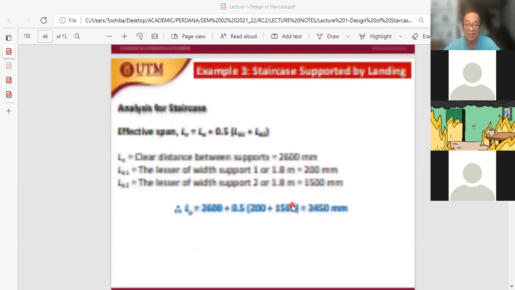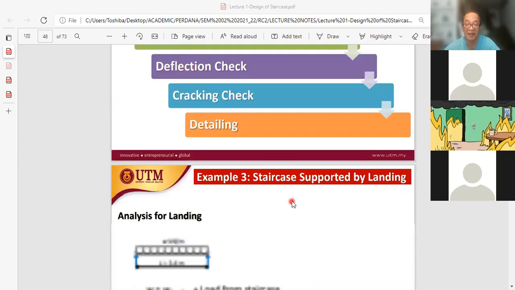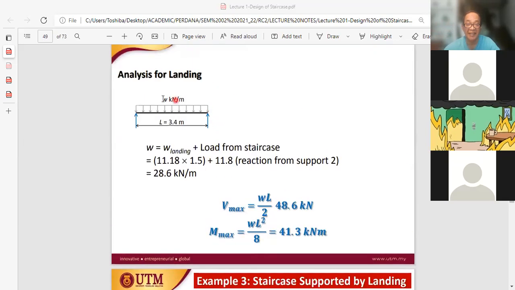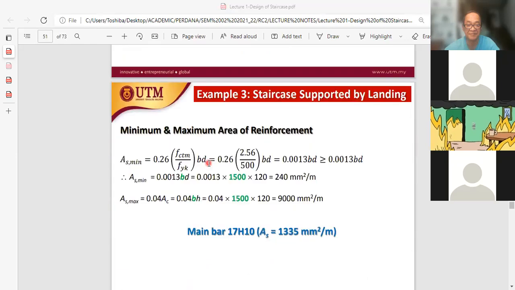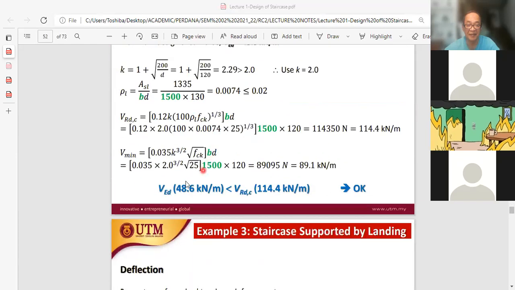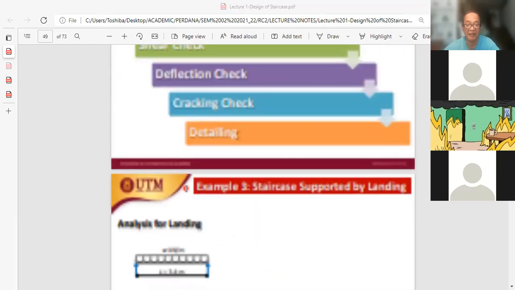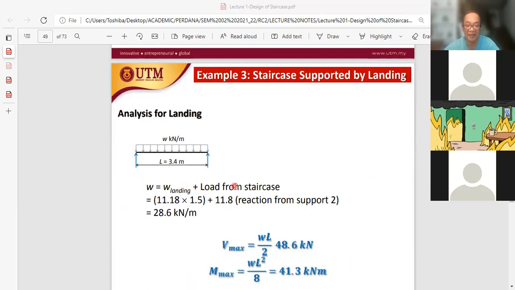So if we look here, for the landing, the W is, where is it? Okay. So the total loading on the landing is GK QK for the landing plus the reaction from the staircase, which is 11.8.